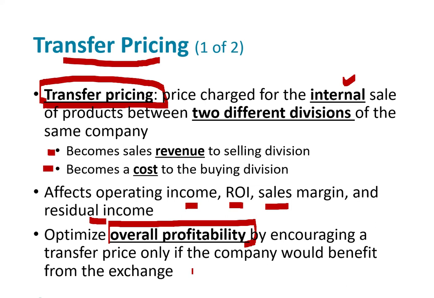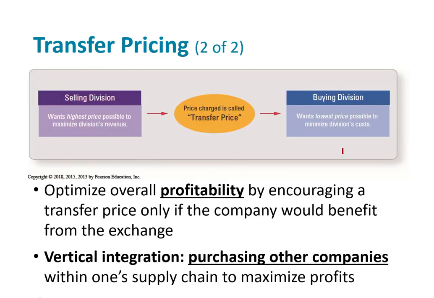In other words, perhaps it's better if we simply buy it from an outside company. So when we take a look at this, the selling division wants to have the highest price possible so that they can maximize their revenue.